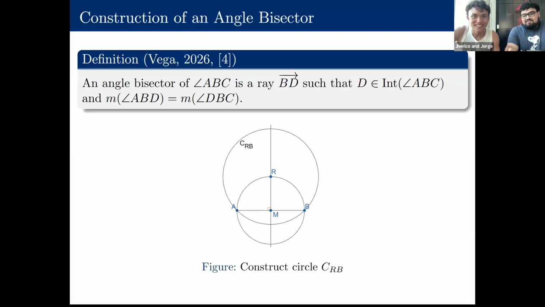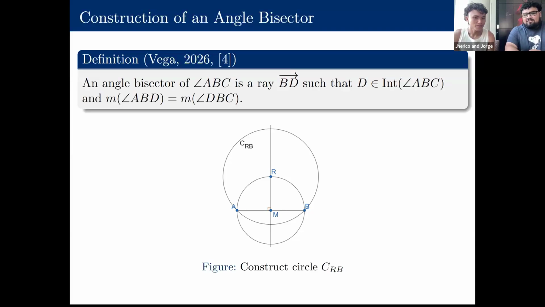So we know we constructed the angle 90, and from here this is how we construct the angle bisector. We're going to start by constructing the circle C sub RB, with R being the center of the circle and B being a point on the circle.